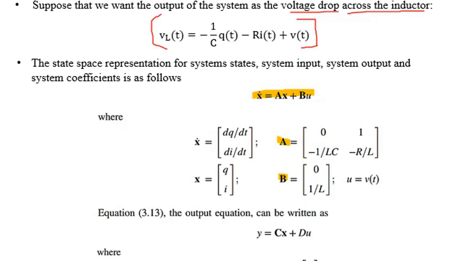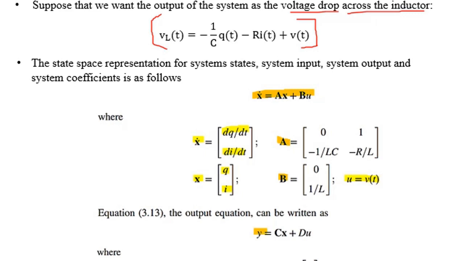These matrices contain coefficients of state variables and input from the first order set of differential equations. Here x is the state vector, which includes charge and current, and x dot represents the rate of change of state variables with respect to time, and u is the input of the system.